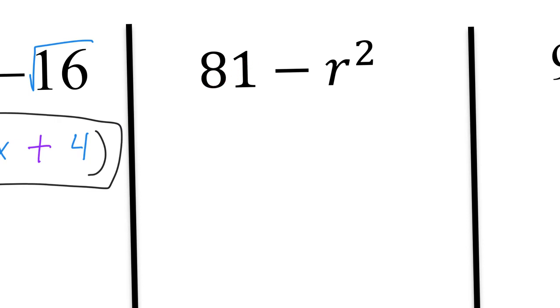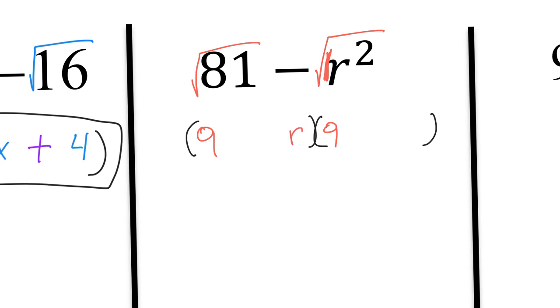81 is a perfect square number because the square root of 81 is 9. So I am going to set up my two binomials here, and I'm going to start with the first term, the square root of 81. That's 9. I'm going to take the square root of r squared, and remember it has a 1 here, so that's going to be 1. The square root of 1 is 1.